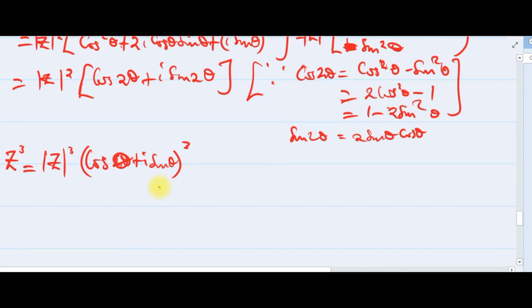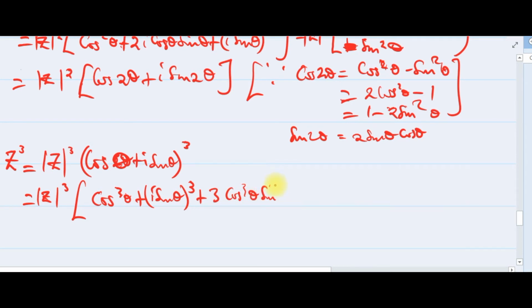In expanding this, we have cos cubed theta plus (i sine theta) cubed plus 3 cos theta times i sine theta times (cos theta plus i sine theta). That's the expansion.